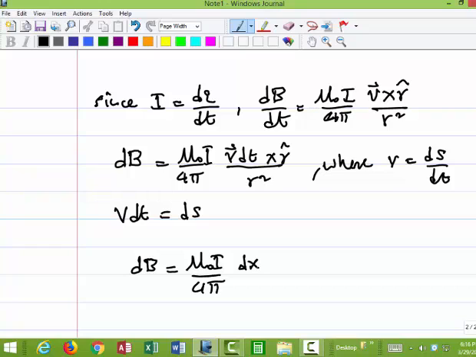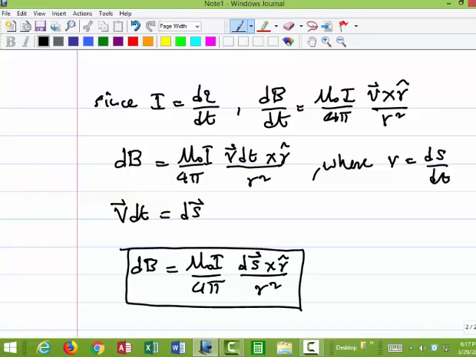So we can say dB is equal to mu naught I over 4 pi, ds cross r hat over r squared. Notice that ds is a vector. So this will be our main formula for the Biot-Savart law for current.